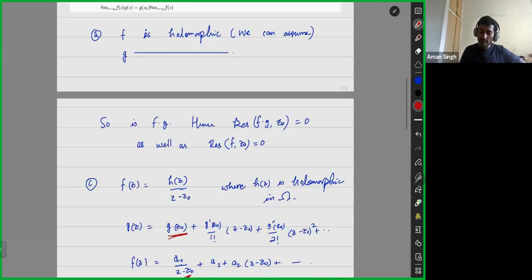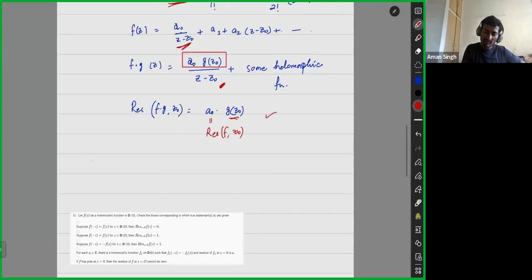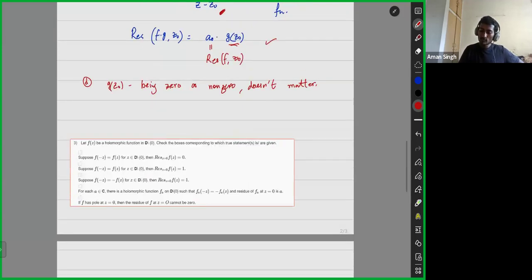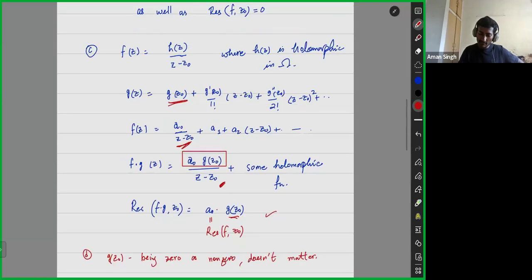We can write: g(z naught) being zero or non-zero does not matter in the negative degree of f into g. So we have another option left here.